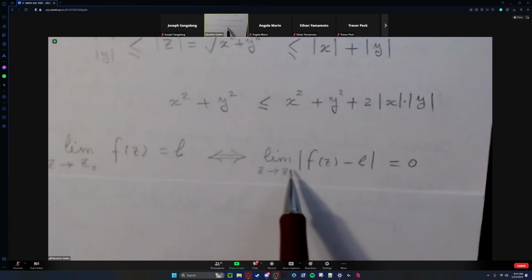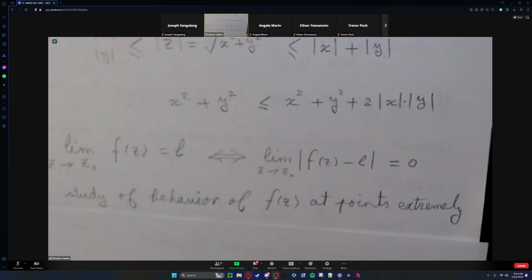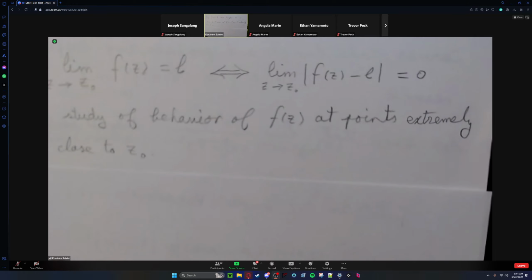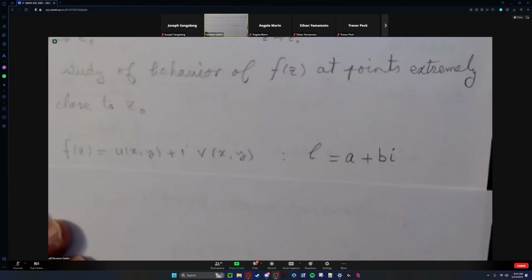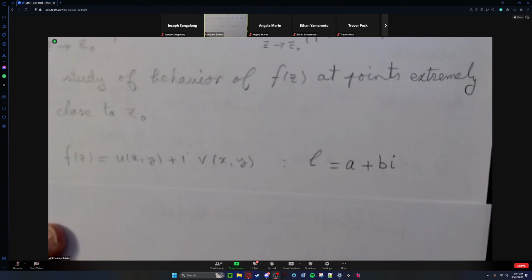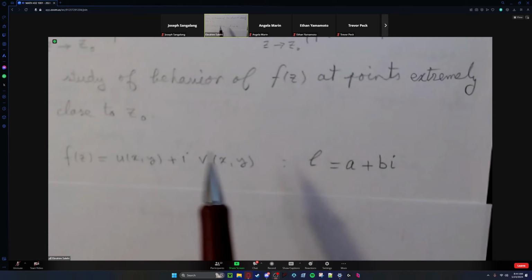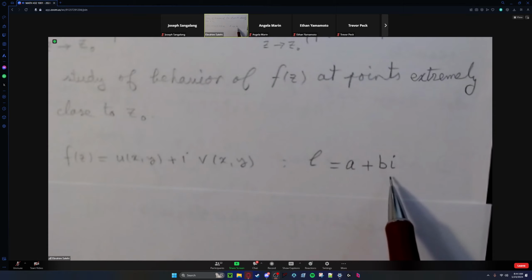Now I am going to expand this. Let's say the function is right here, u plus iv, and L is a complex number.